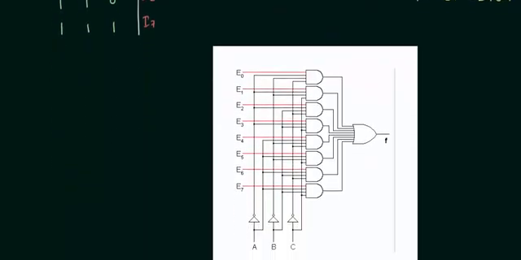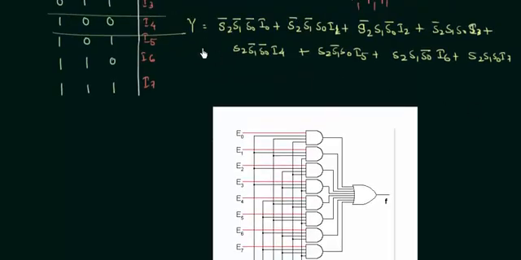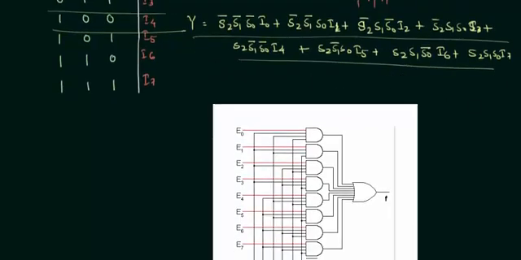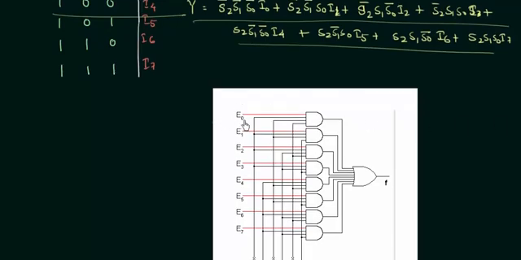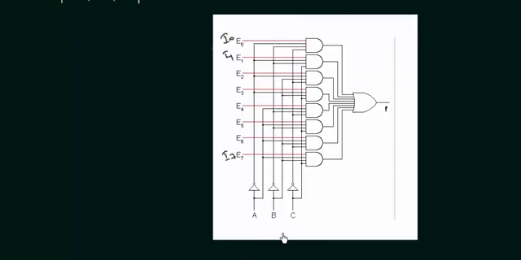So this is the circuit that we draw depending upon this expression, and E0, E1, up to E7 are the same as your I0, I1, up to I7, and A, B, C are the same as your S2, S1, S0.